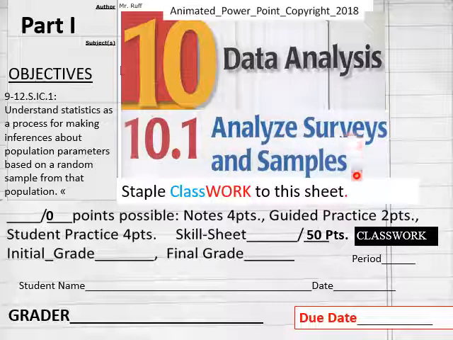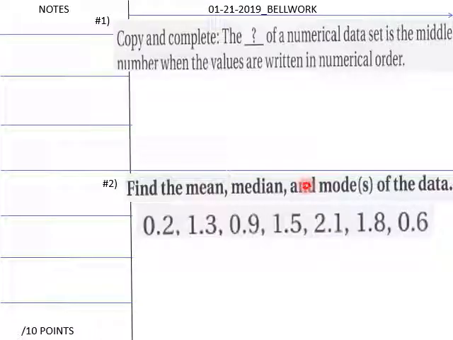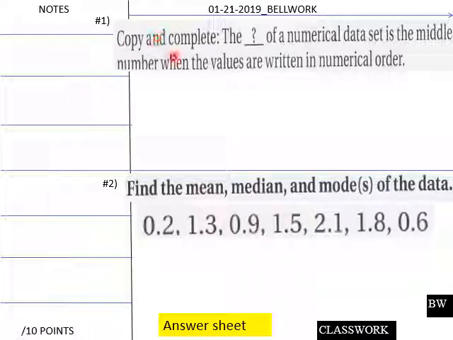10.1, analyze surveys and samples, 50 points in the classwork, 0 note points. Bell work: copy and complete, and then find the mean, median, and mode of the data here.